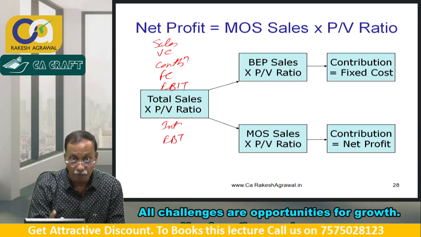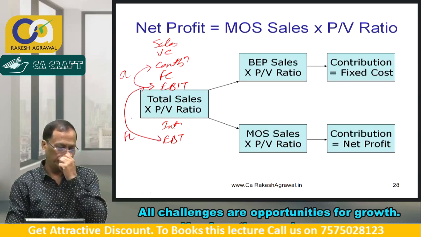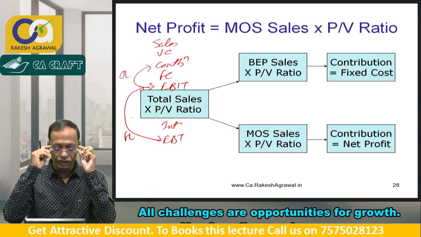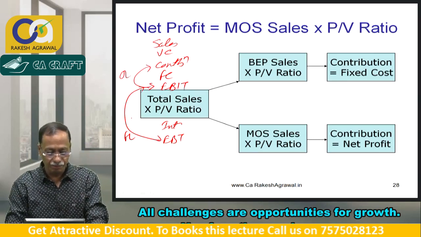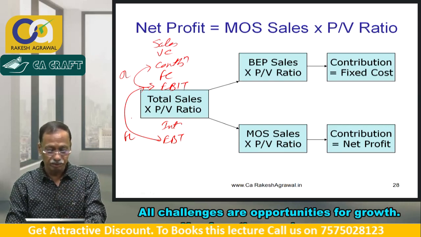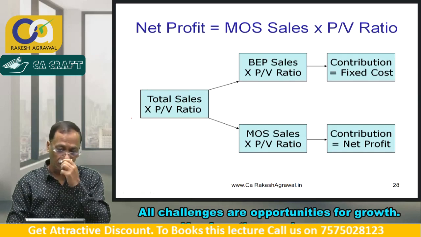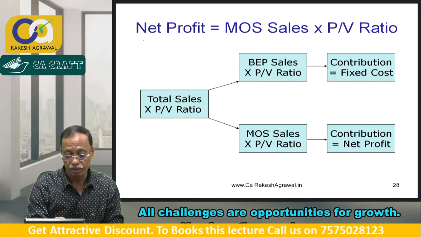The formula of operating leverage was contribution upon EBIT, and EBIT upon EBT was your financial leverage. Leverage topic of financial management. Anyway, let's not go there. I may confuse you by telling you more, but this you had all studied. Okay, operating profit is this net profit.